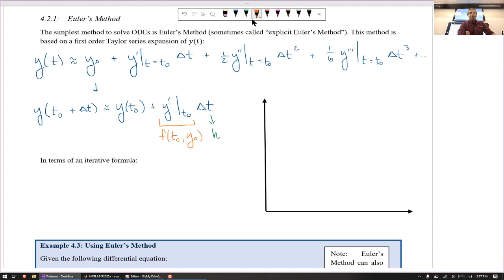Let me just write it because we're starting out with our differential equation, dy dt equals f of t comma y, and y at t0 equals y naught.